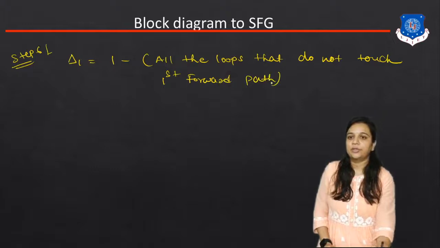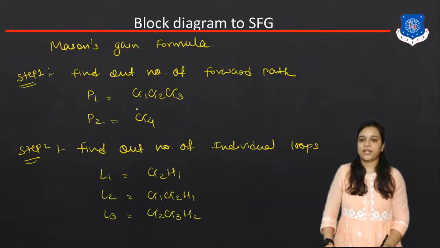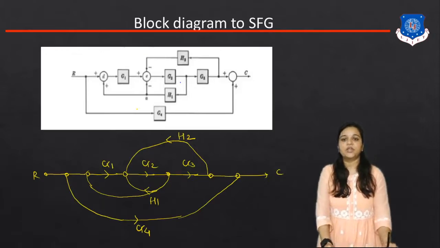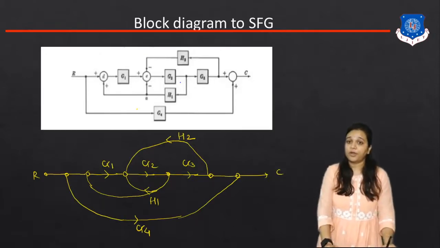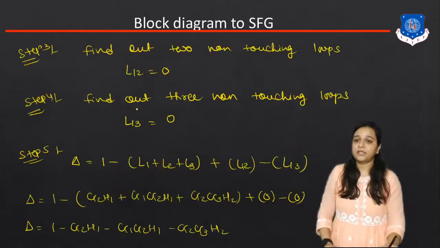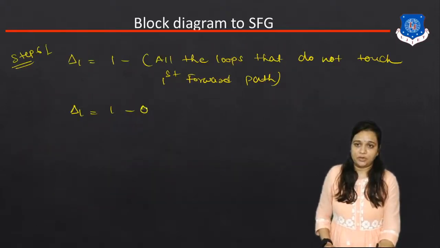So delta 1 is equal to 1 minus, you can check in the first forward path G1, G2 and G3. Loop number 1, 2 and 3, all the loops are touching. So 1 minus 0 is equal to 1.